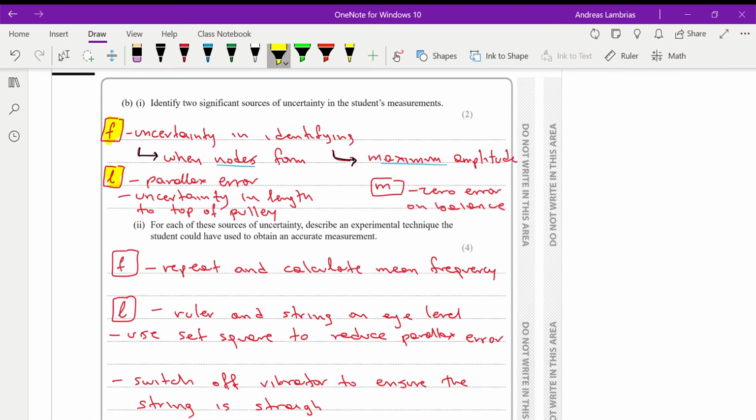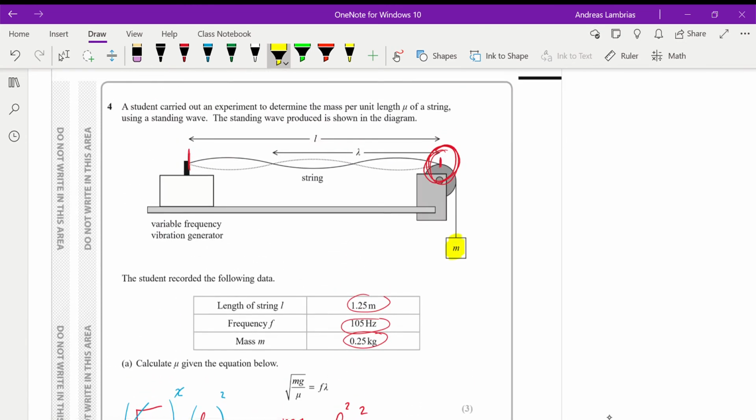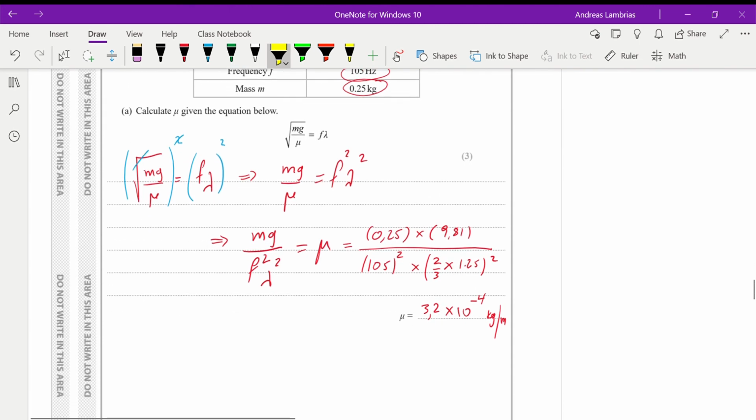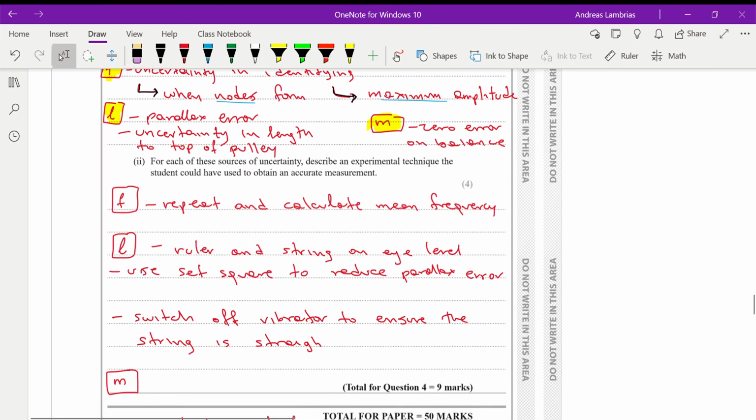And the third source of uncertainty comes from the mass. We are using these masses here, and this acts like the force that keeps the string tense. That mass, of course, we're measuring on a balance, and it's an electronic balance.